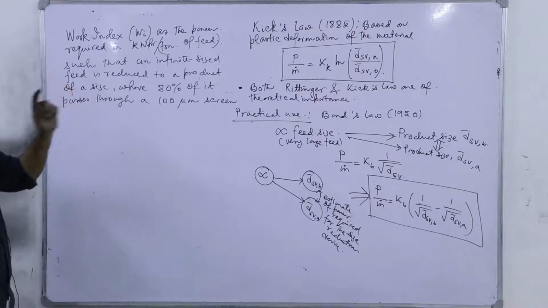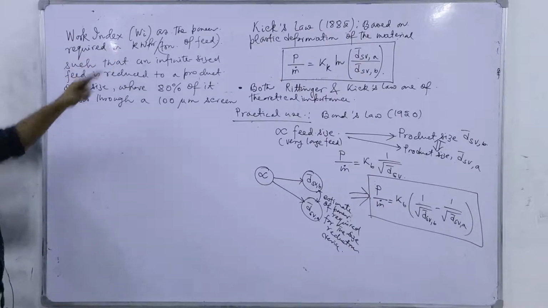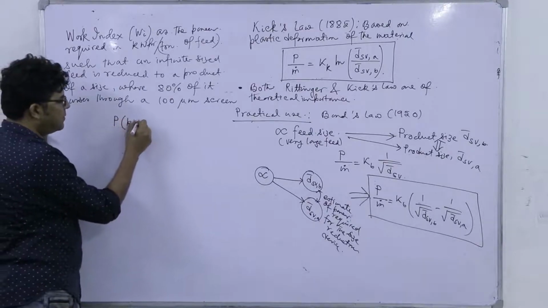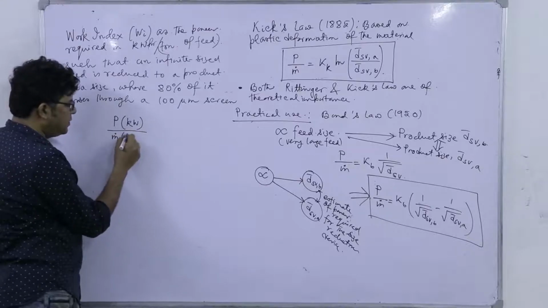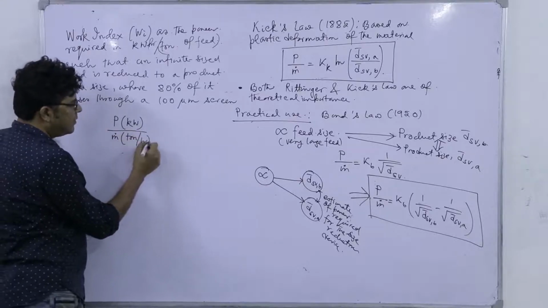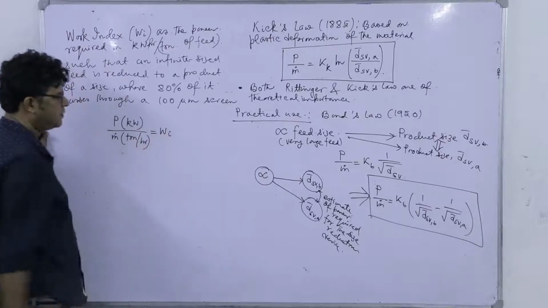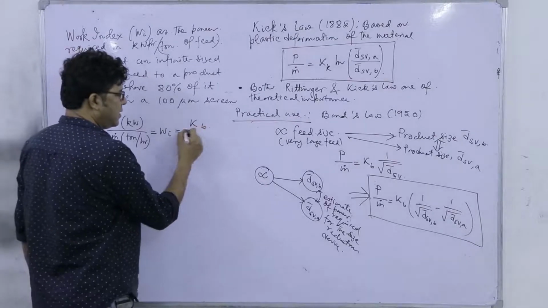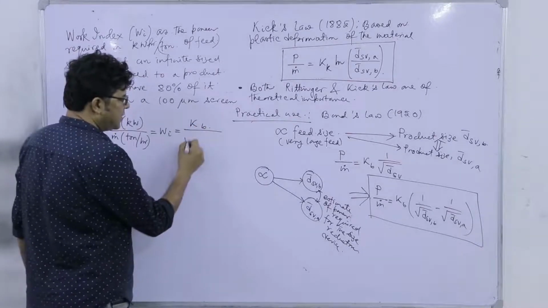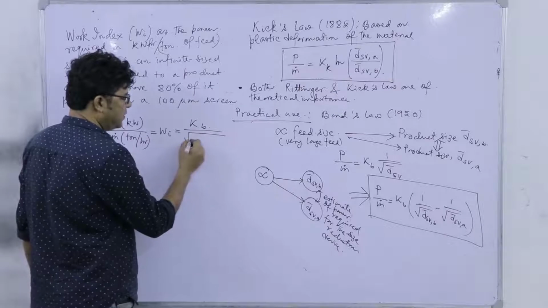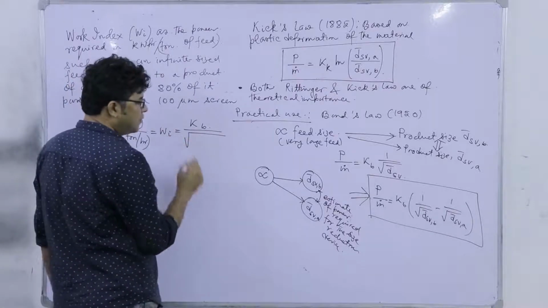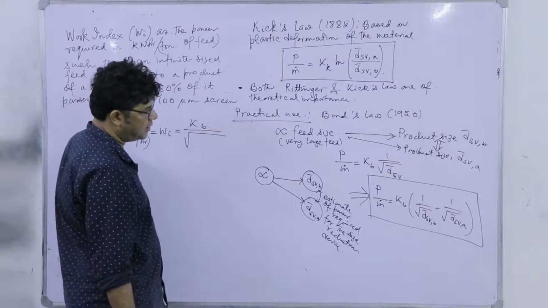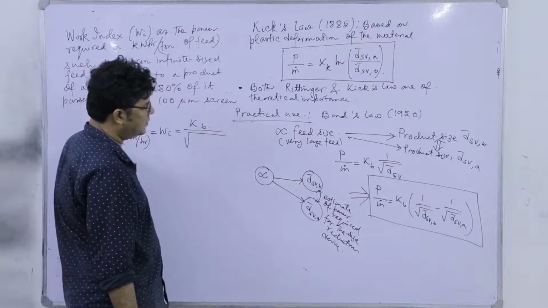It's power specific. Right. It's unit specific. So P by m dot, P is in kilowatt, m dot is in ton per hour. So this is equal to work index for a product size which passes through this 100 micron screen. So 80% of the product passes through this 100 micron screen.